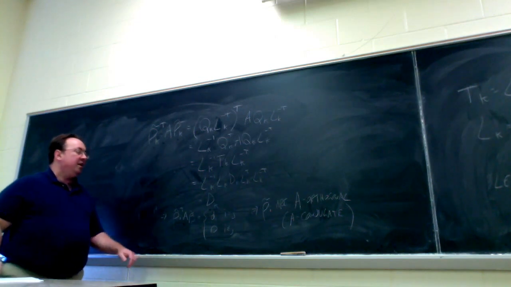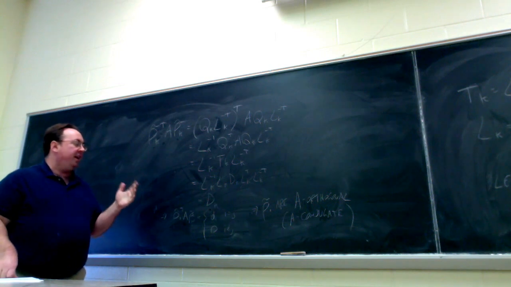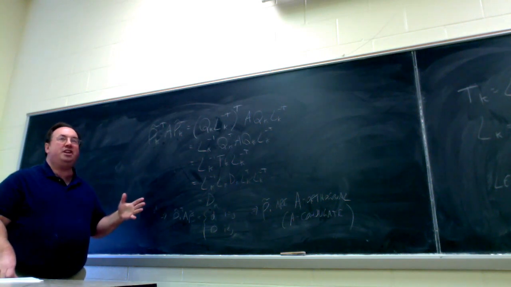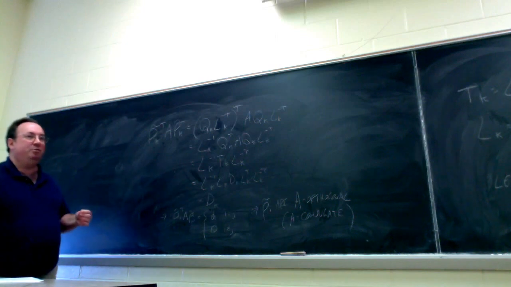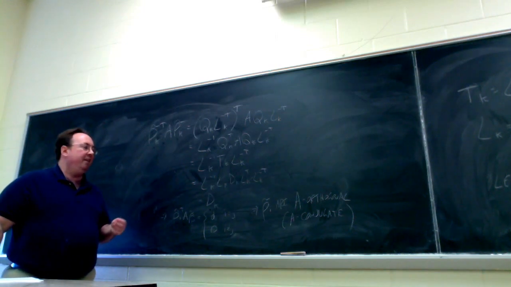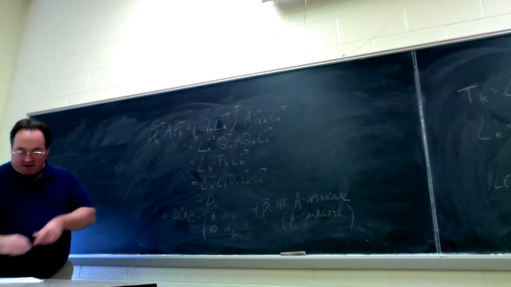Because we are using A conjugate search directions, which are basically modifying the steepest descent direction, which is the minus gradient, that's why this approach I'm describing is the method of conjugate gradients. So that's where the name comes from.